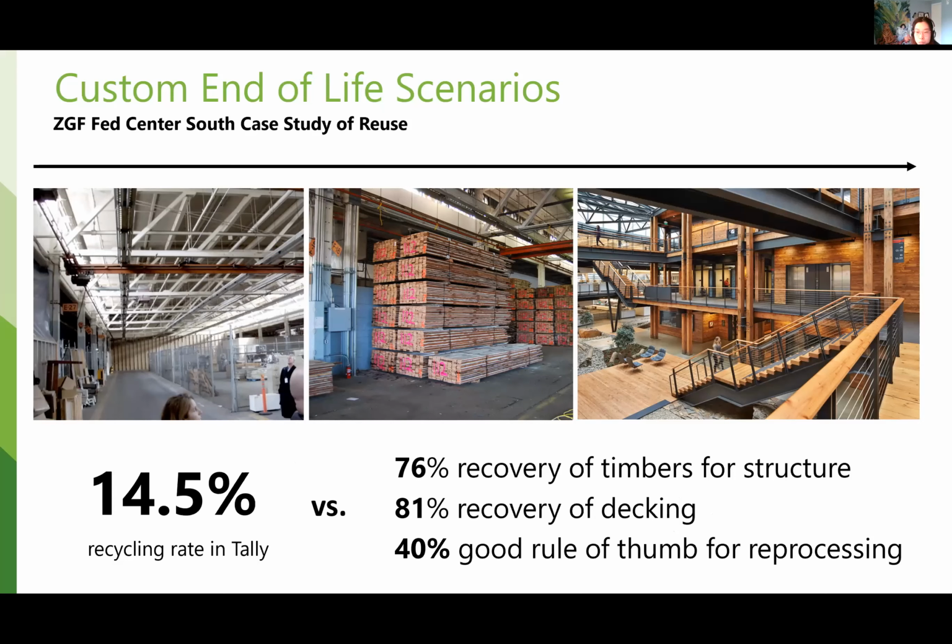Our study estimates 76% timber recovery for the structural member and 81% recovery for the decking. In this unique project, we used the beam as it is, which contributed to the high recovery rate. Otherwise, 40% is a good rule of thumb for reprocessing, based on our conversation with the lumber consultant. And I'll hand it over to Jake for a teaser of our tool.